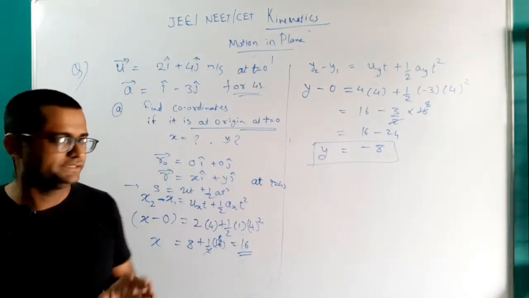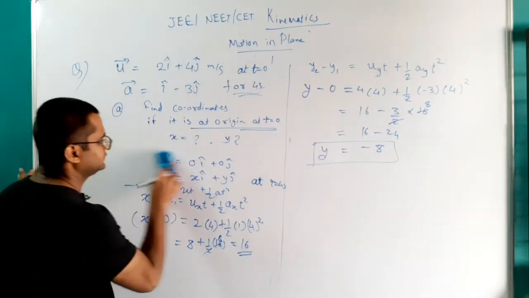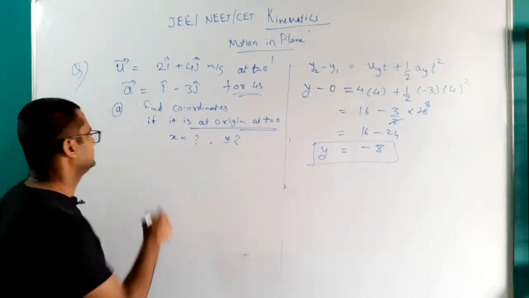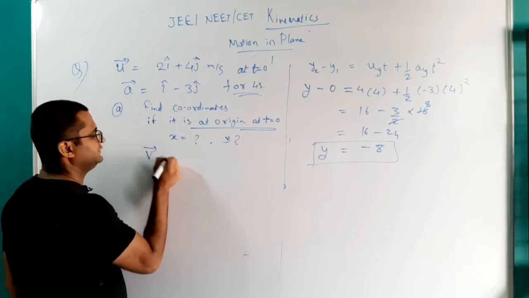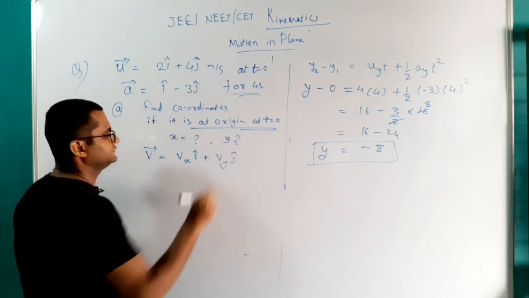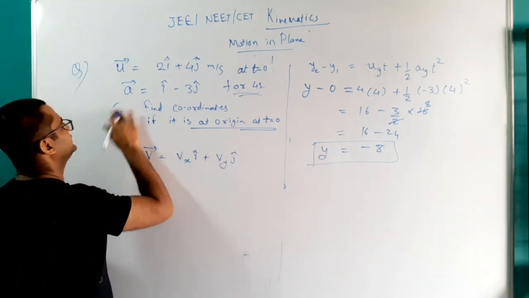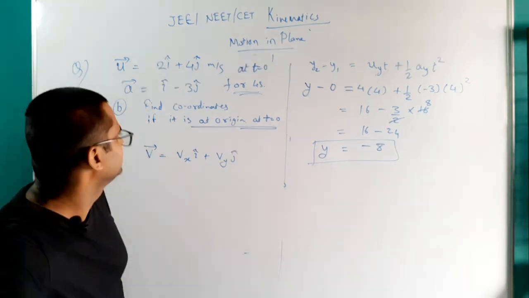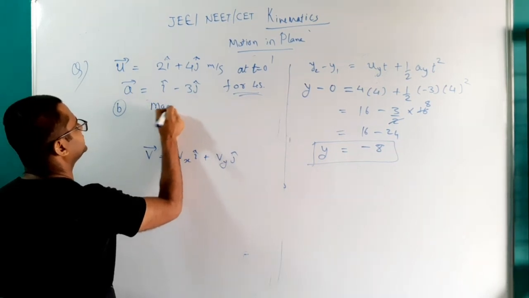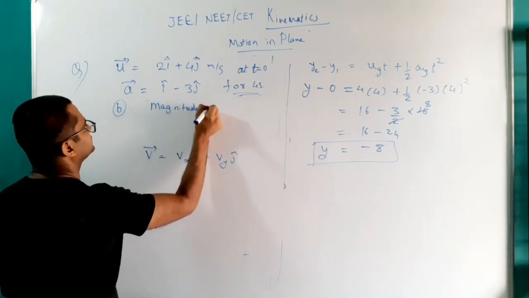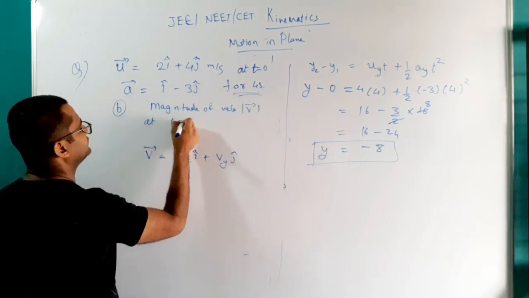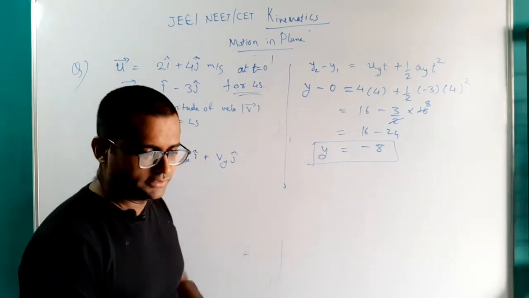So let me write the velocity vector v as vxi plus vyj, and what we have to find here in the b part is the magnitude of velocity, that means the modulus of v vector at t equal to 4 seconds. We have to find velocity at the end of 4 seconds.